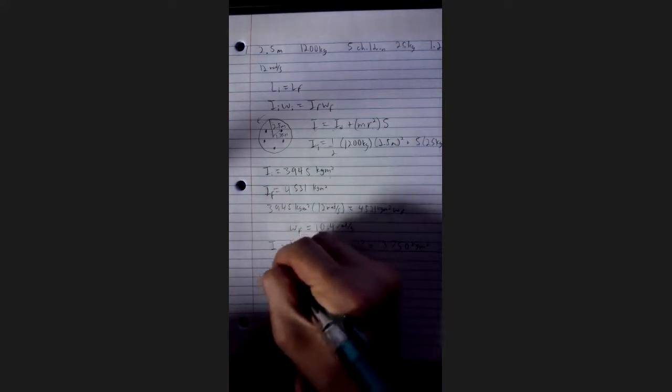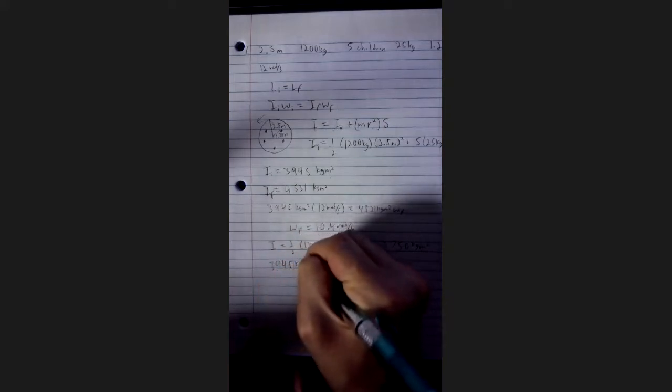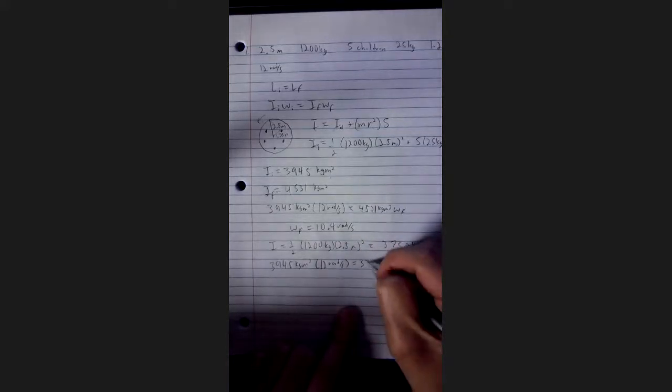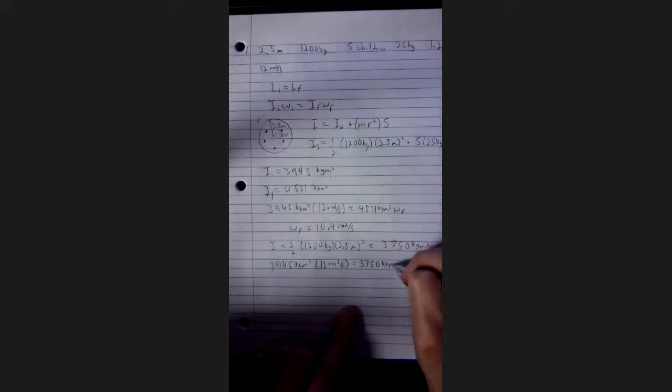So we can do the same thing we did before then. Our angular momentum before the kids have moved to the center, which was this, has to be equal to our angular momentum now, which is our moment of inertia that we just calculated, times our angular velocity.